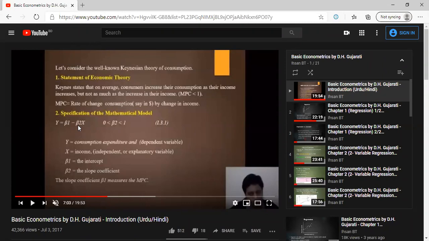If you know 2 points, you can draw it. In other words, when you draw it, you know the intercept, also the slope. If you know the intercept and the slope, can you draw the line? Yes. So to draw the straight line, the relationship between X and Y, you need to know beta 1 and beta 2.